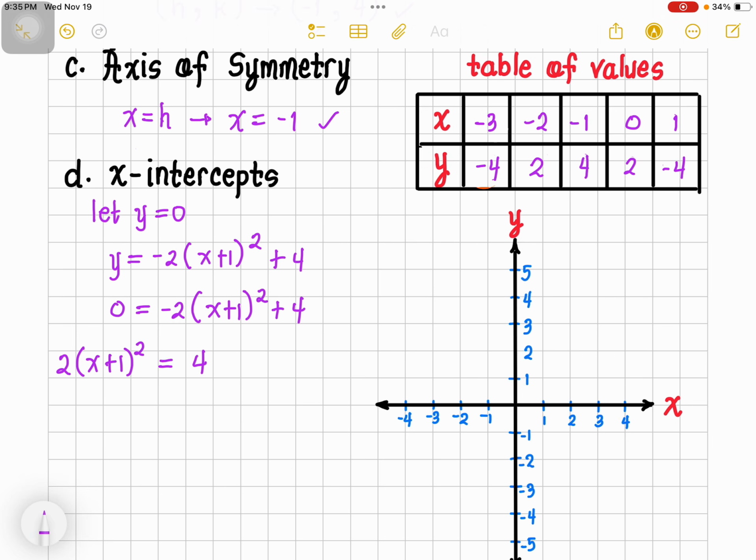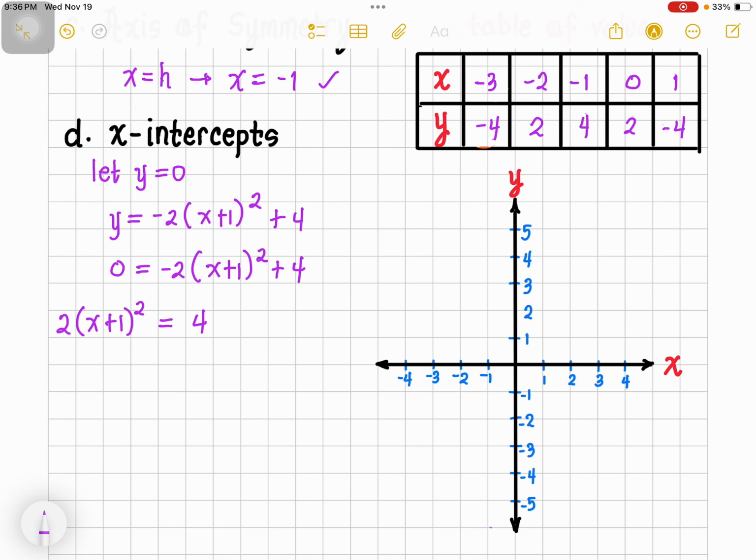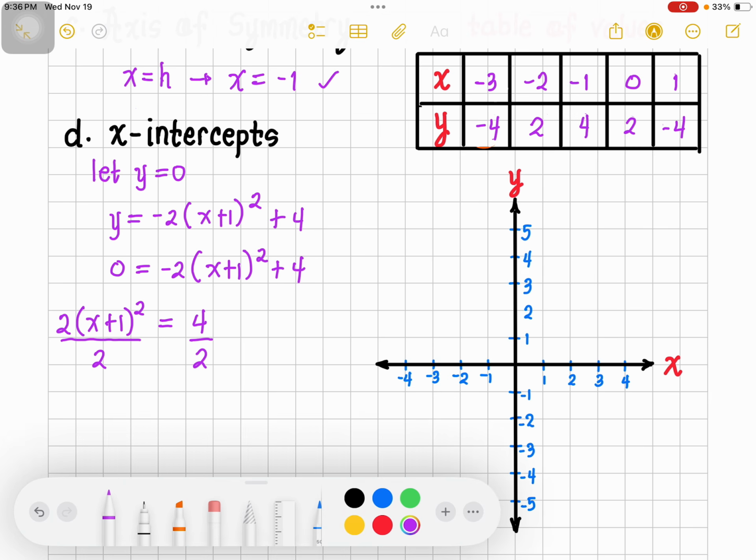Actually class, pwede naman hindi yan ilipat. Si positive 4 ang ilipat natin, it will become negative 4. Same pa rin yung magiging sagot natin. And then, to get rid of 2 before the parentheses, i-divide natin yan all terms by positive 2. So, we're gonna cancel.